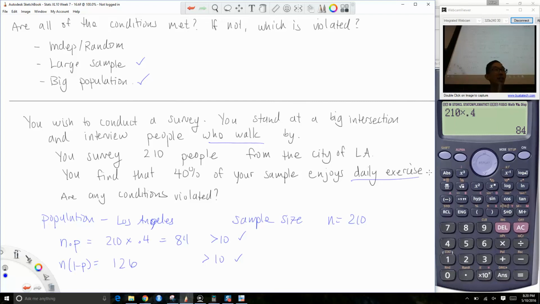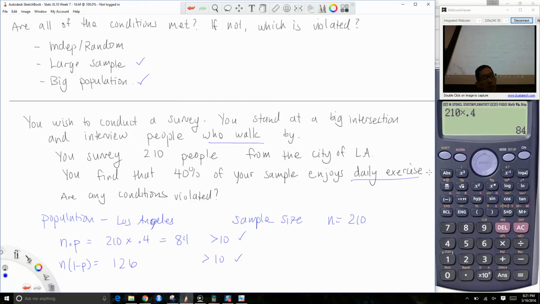Even at a busy intersection, you're only going to get people within walking distance of that intersection. You could be at a busy intersection in Beverly Hills, and the people you survey there will be very different from a busy intersection in downtown LA or somewhere else.